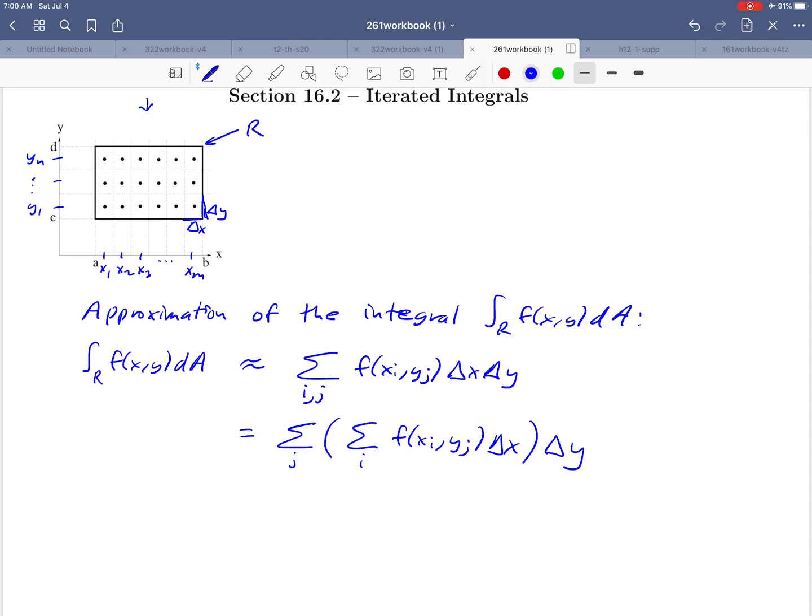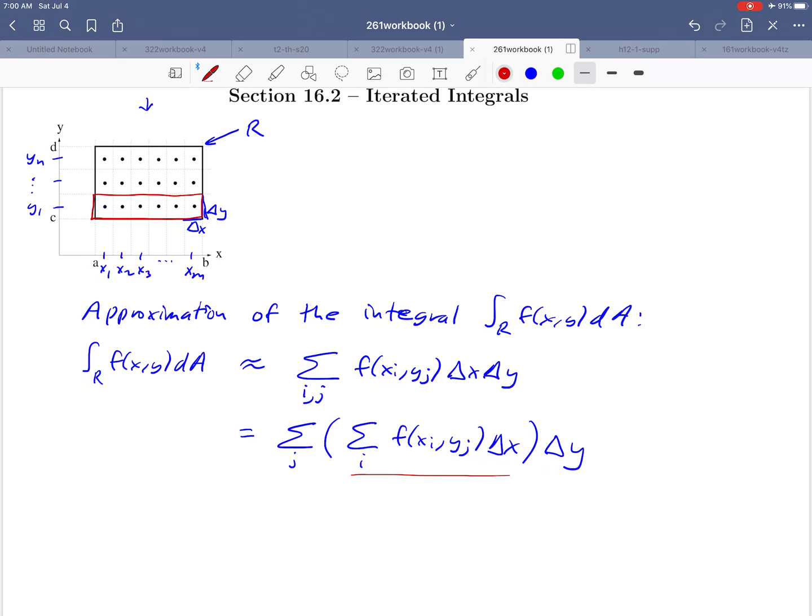What that's suggesting is that we separate our rows from our columns. For example, this sum on the inside over i is going in the x direction, so it refers to picking a row and summing left to right. And you can do that for all three of the rows up here.